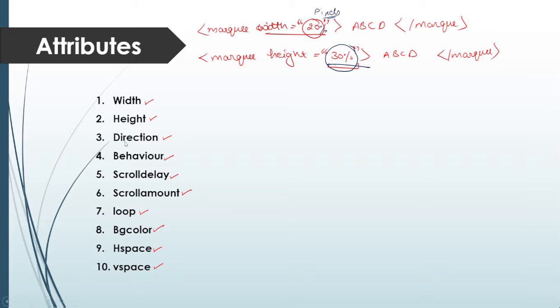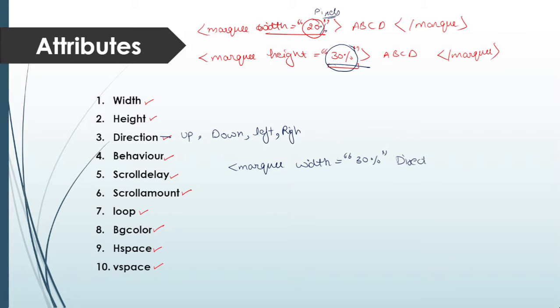नाउ नेक्स्ट पॉइंट इज डायरेक्शन. We have basically 4 types of direction in Marquee. First is up, next is down, left and right. हम एक बार में सिर्फ एक ही यूज कर सकते हैं. वी कैन यूज ओनली वन डायरेक्शन एट अ टाइम फॉर अ सिंगल मार्क्यू. ओके, वी कैन यूज मल्टीपल एट्रीब्यूट्स. फॉर एग्जाम्पल Marquee width is equals to 30%.